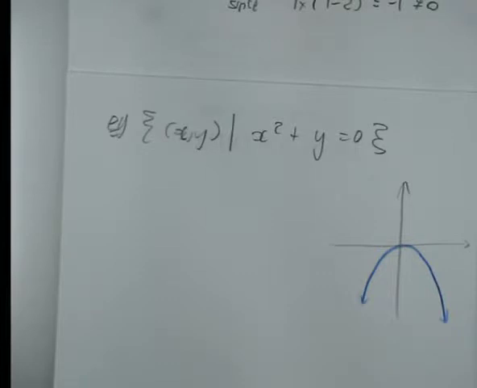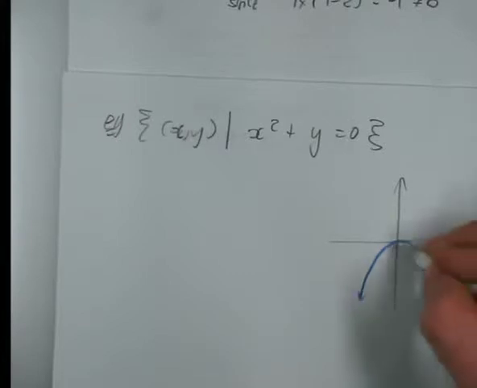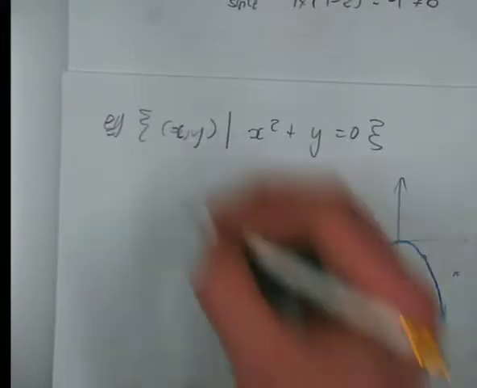And it's easiest to break this with scalar multiplication, because I just think of something that works, like 1, minus 1. And if I multiply that by 2, I'll end up over here.